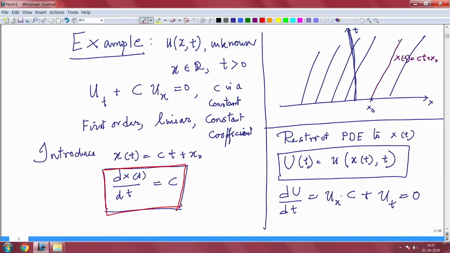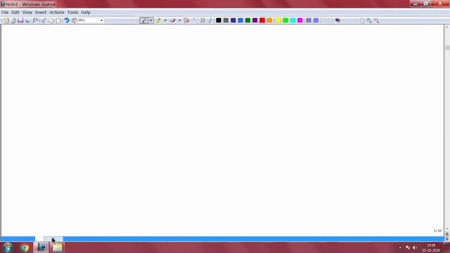So, you have basically solved two ODEs to solve your PDE. One ODE is solved to get the characteristic curves, another ODE is solved to get the solution, the property of the solution, which we got, that the solution is constant along the characteristic curve. So, let us go to the next one.